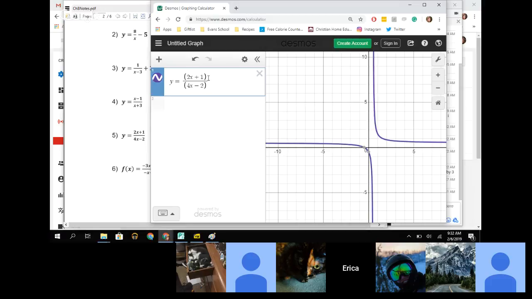In your TI, you're going to want to put parentheses around the 2x plus 1 and around the 4x minus 2, because if you don't, then your calculator is going to think that you're doing a different function. Hopefully that makes sense.